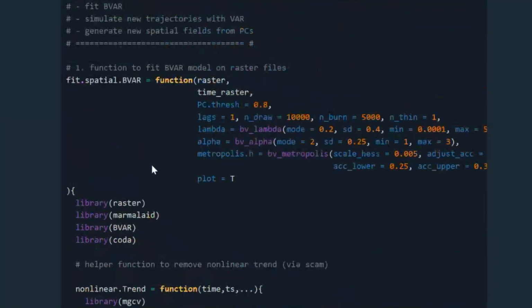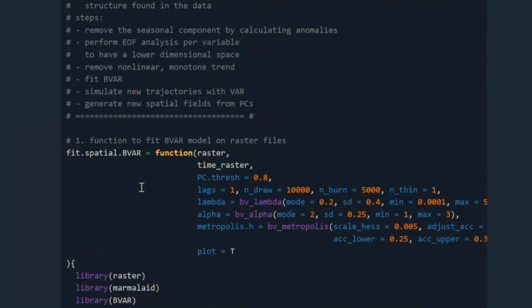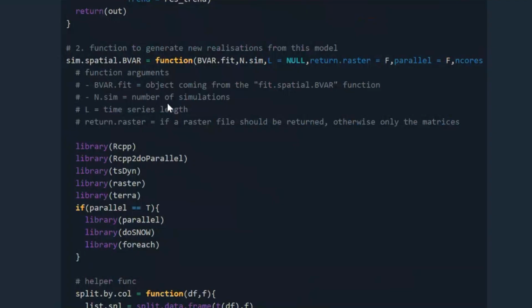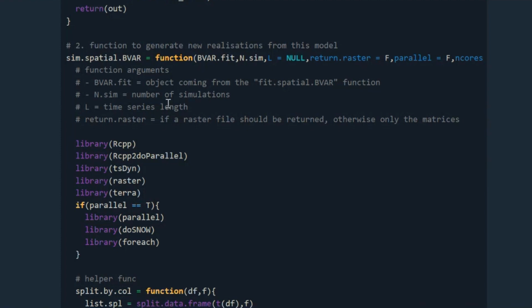The function fits spatial BVAR, does the fitting procedure of your BVAR, so it decomposes your data into PCs and does the model fitting, and then your second function, sim spatial BVAR, is simulating from this particular fitted BVAR model and creates new spatial fields. How many you want, 100, 1,000, whatever.